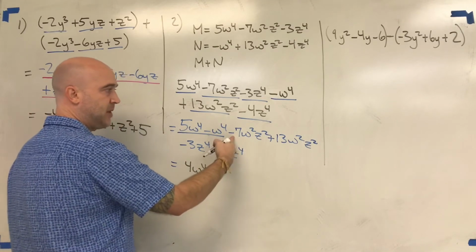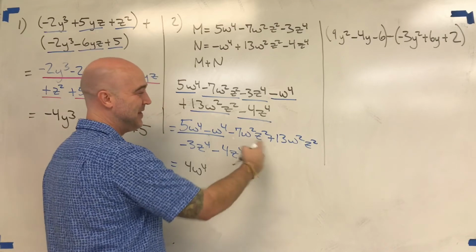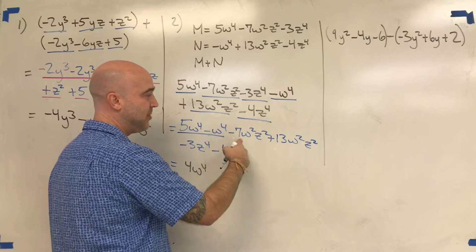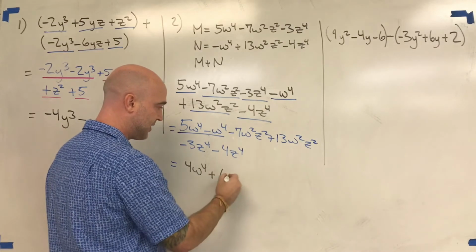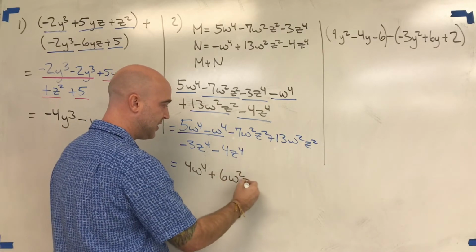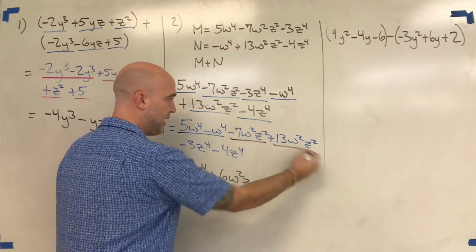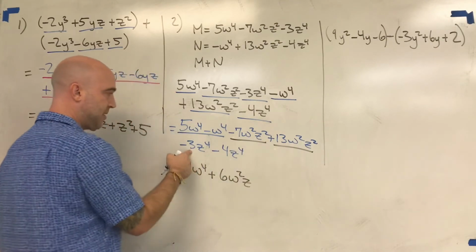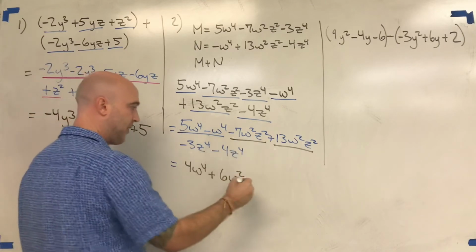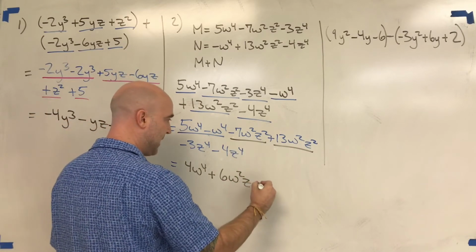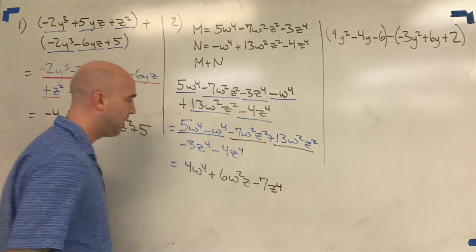Negative 7w squared z squared plus 13w squared z squared combine, and that would be 6 of them in the positive, since there are more positives. 6w squared z squared. And these combine also, negative 3z and negative 4z to the fourths. So that is minus 7z to the fourth.